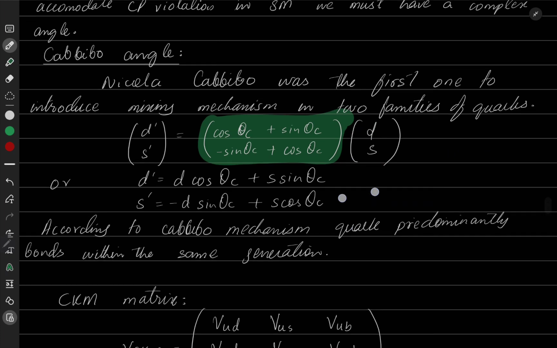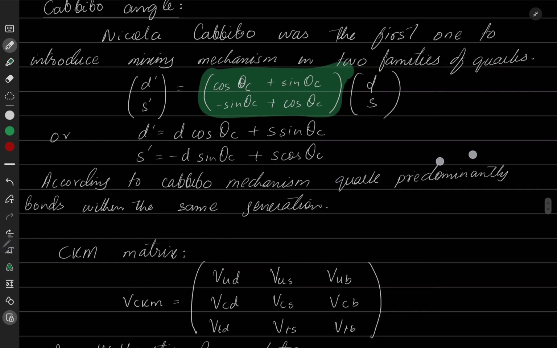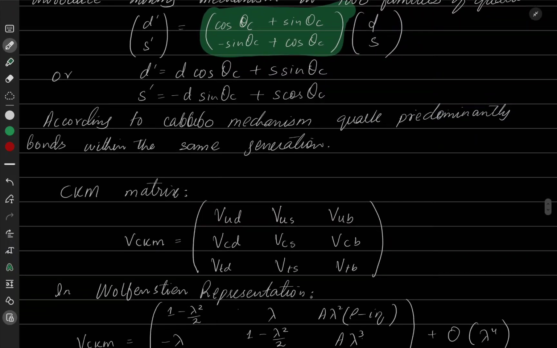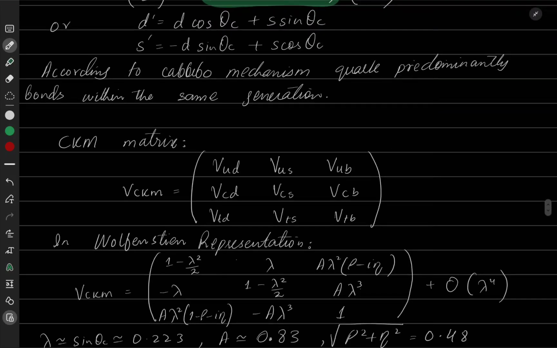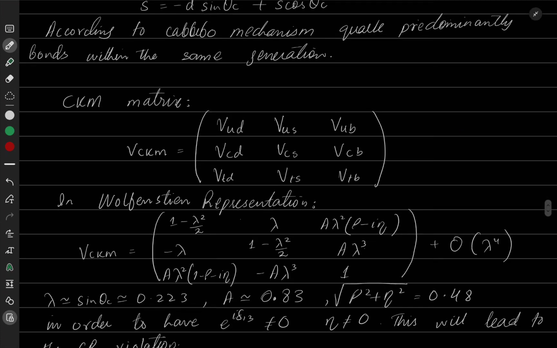So this is the Cabibbo matrix, and if we look at the three generations, then we have the CKM matrix, named after the three physicists Cabibbo, Kobayashi and Maskawa.